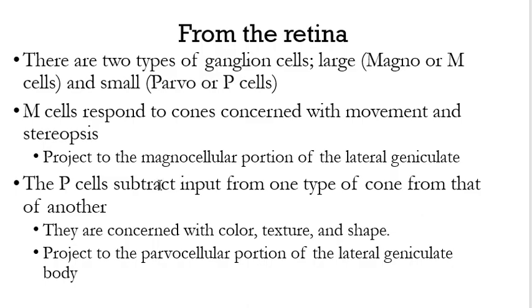Whilst the P cells subtract input from one type of cone, and they are concerned with color, texture, and shape. So M is for movement; the parvo are more for color, texture, and shape, and they project to the parvocellular portion of the LGB. Make sure that you remember that component.